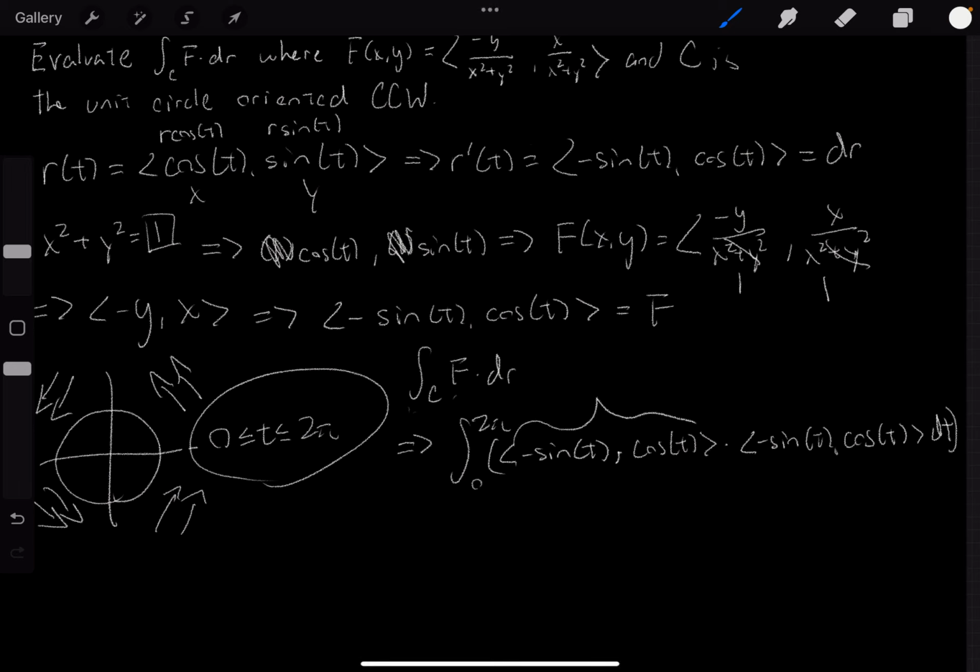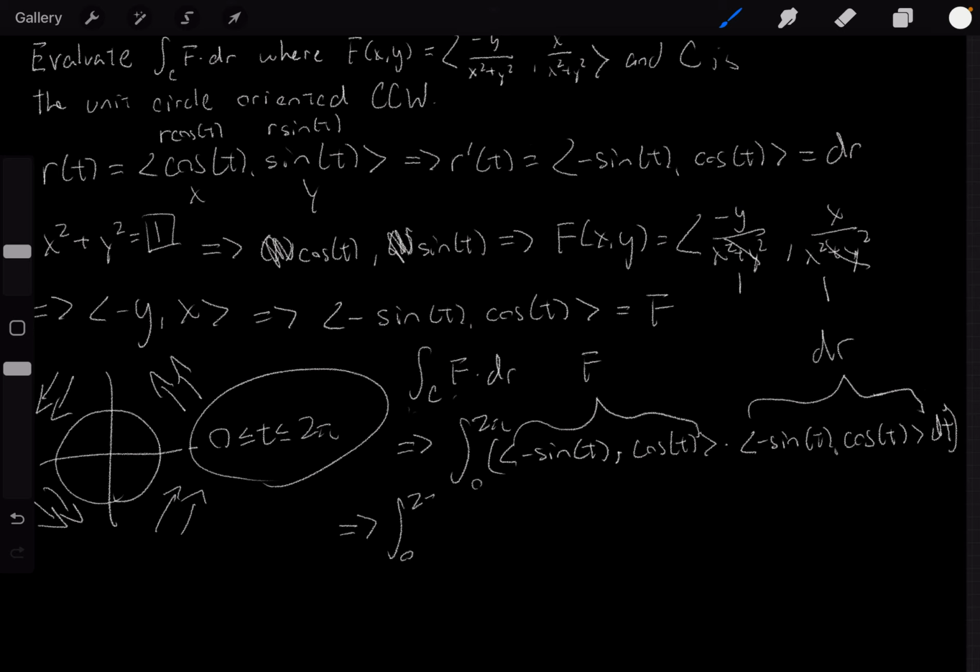Remember, this is F, and this is dr, with the dot product in the middle. So remember not to confuse the dot product with multiplication. It's a little different than that.